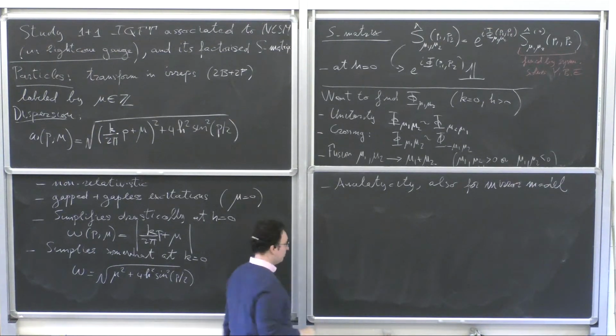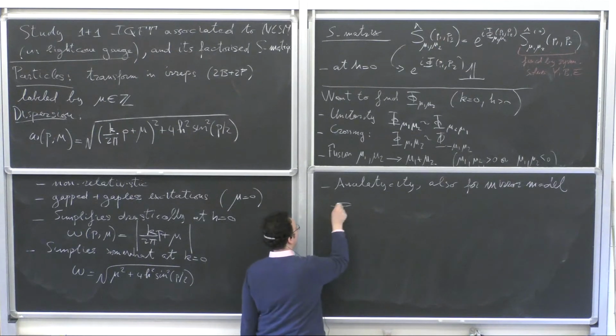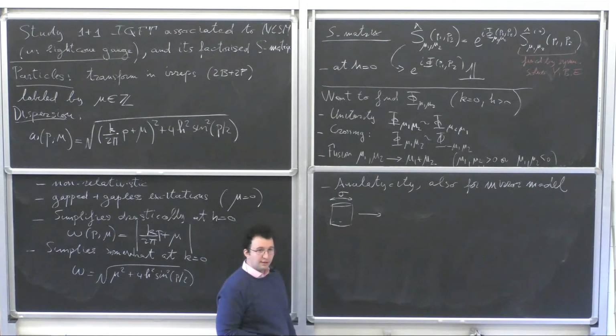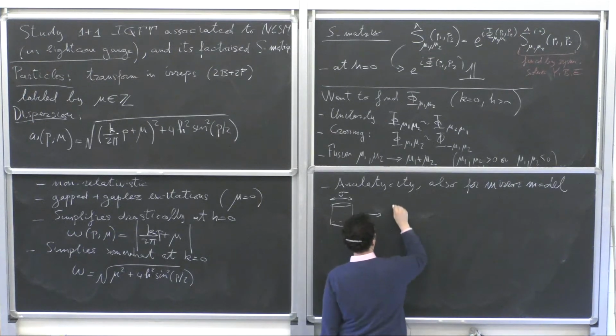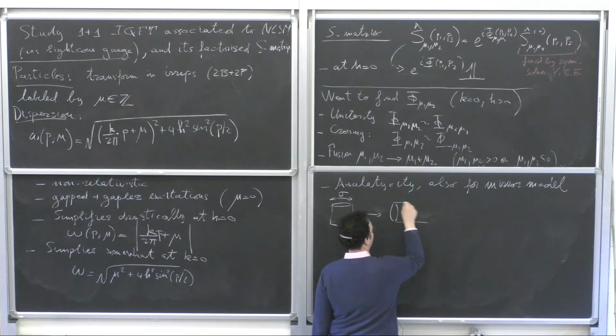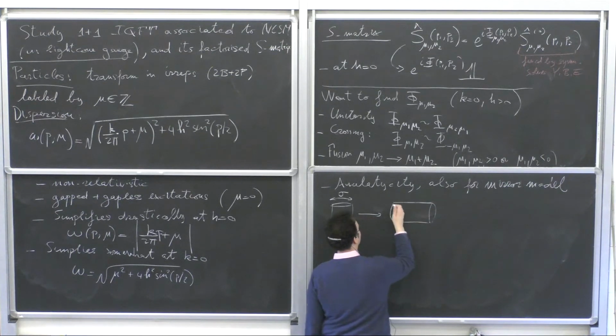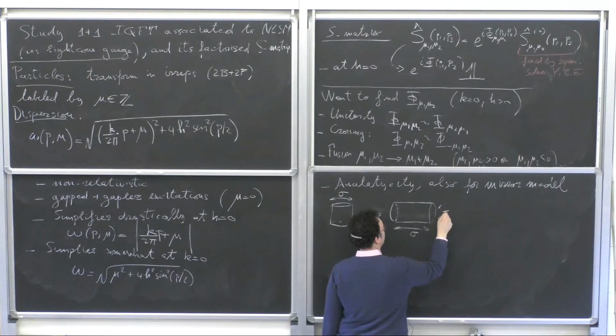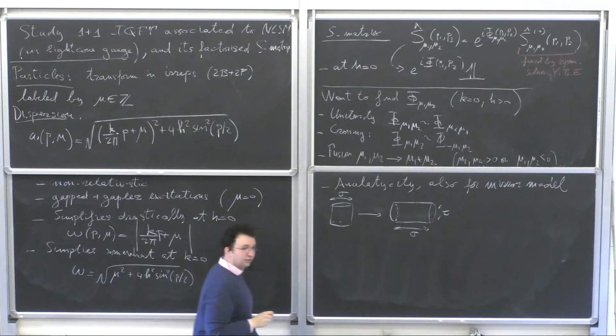So what do I mean by the mirror model? I have a theory which in finite space is defined on this cylinder. And in order to do the thermodynamic Bethe ansatz, I want to introduce a model which is actually rotated, where now I'm in infinite volume, but on a periodic circle for tau.